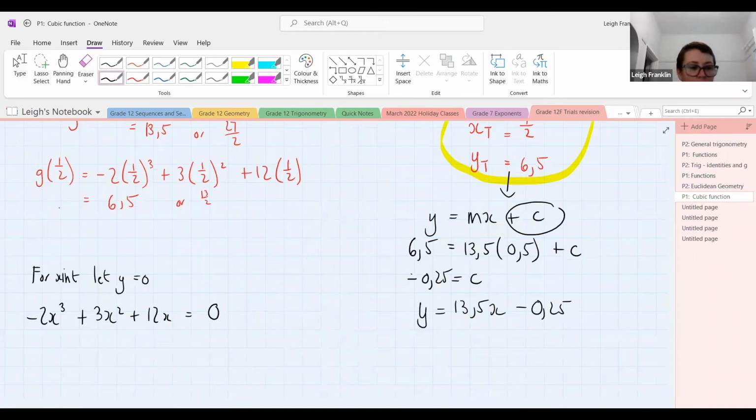Now, the only thing that you can do here is to take out x as a highest common factor. And I think what I might do here is take out negative x, because we've got this negative in front here. So this would give us 2x squared, not that it's really going to make any difference, minus 3x minus 4.